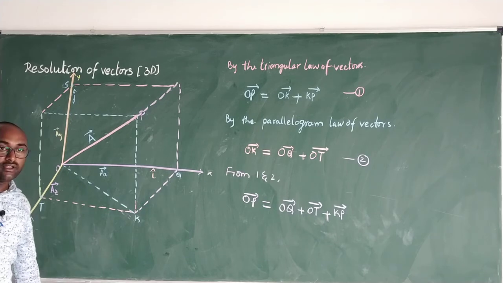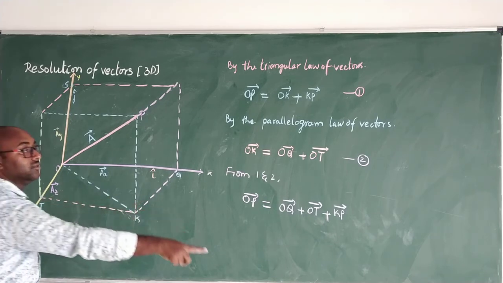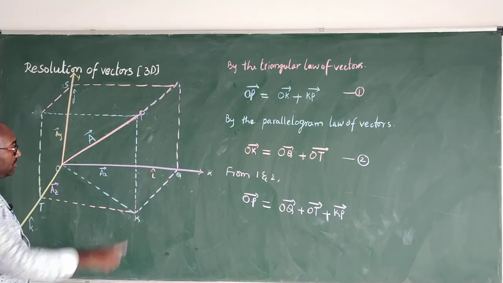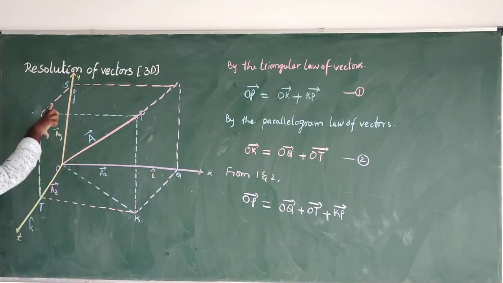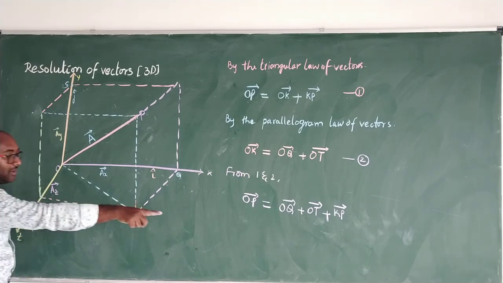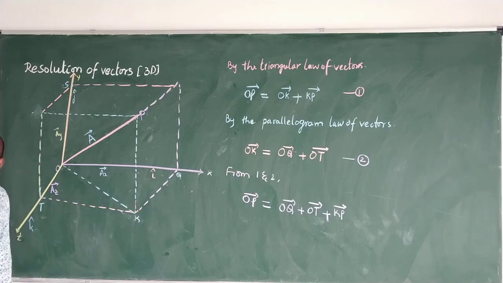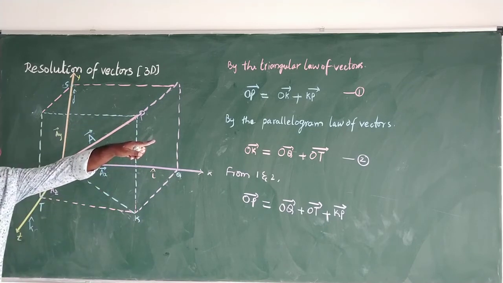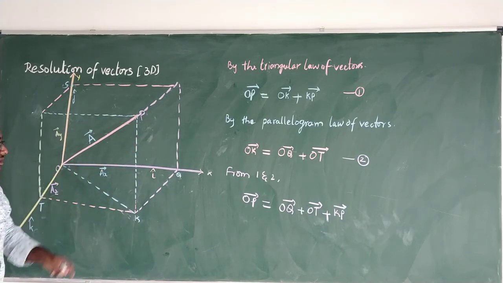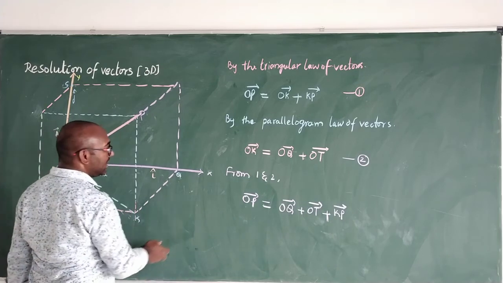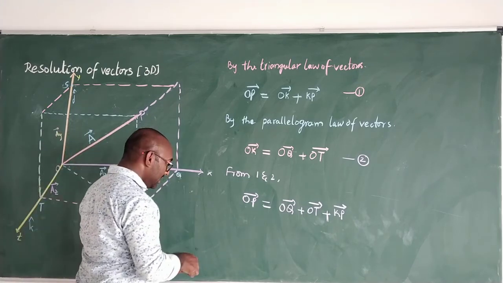That corner height is equal to this corner height. Am I right? That means this KP will be equal to OS. Am I right? Yes or no? KP is the height of that corner and OS is the height of this corner. Both will be same or different? Same. So what am I writing here?